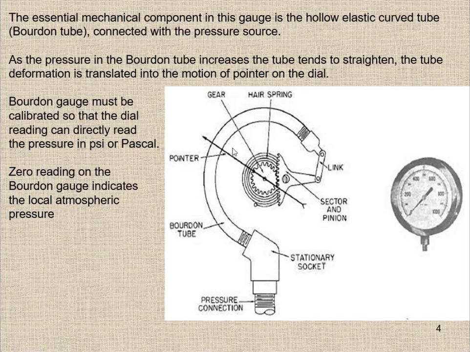We measure it from the atmospheric pressure, and from there we start counting 0, 0.1, 0.2, 0.3 and so on. So that's why the zero reading on the Bourdon gauge indicates the local atmospheric pressure, or you can say this is one atmospheric pressure at this point if you are calling it absolute pressure.